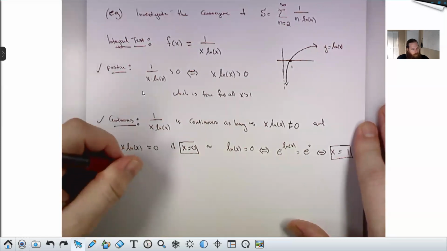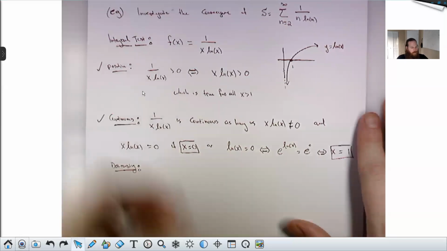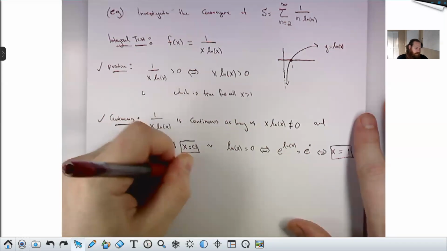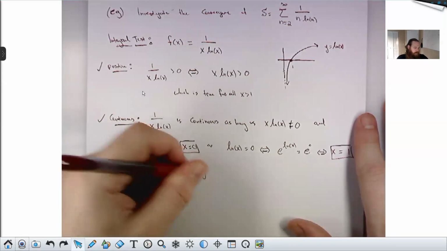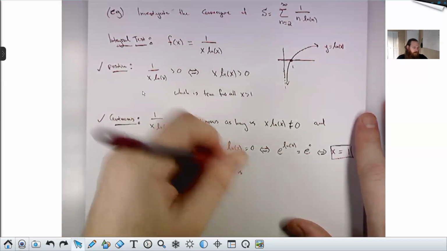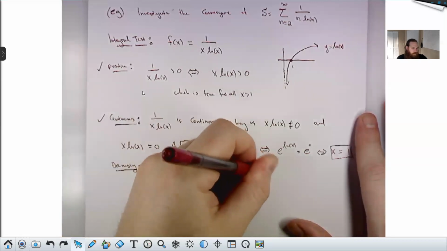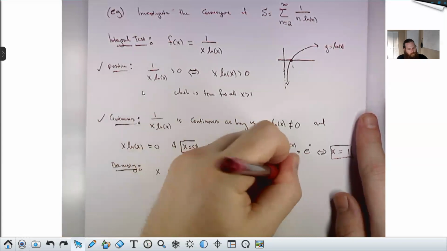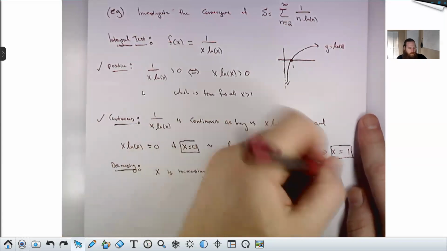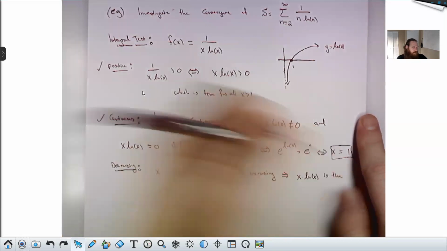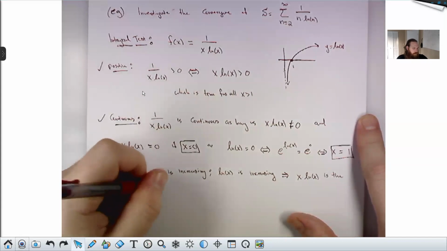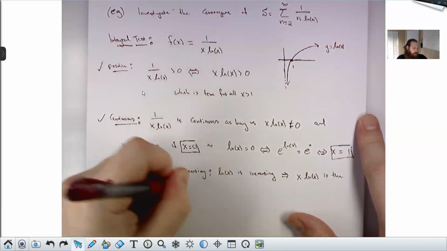Here I'm going to get real sloppy, and I invite you guys to do the same. The function x is increasing. The function ln x is increasing. Therefore, x ln x is the product of two increasing functions.